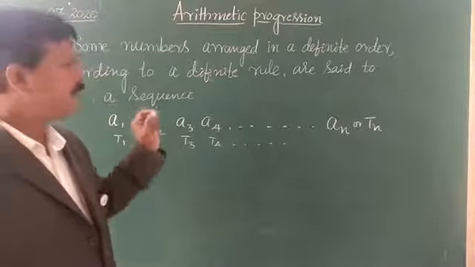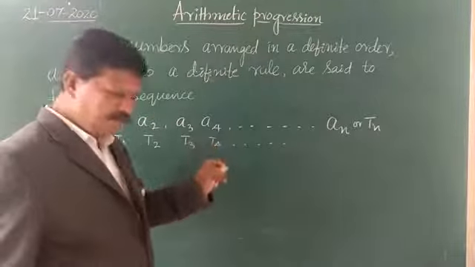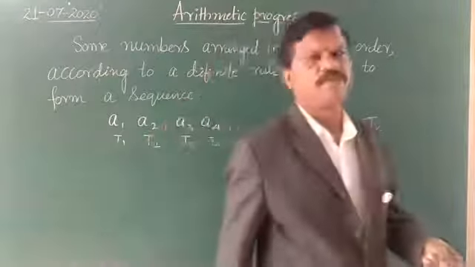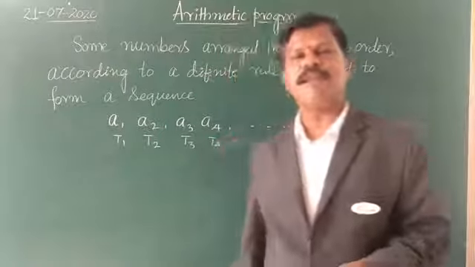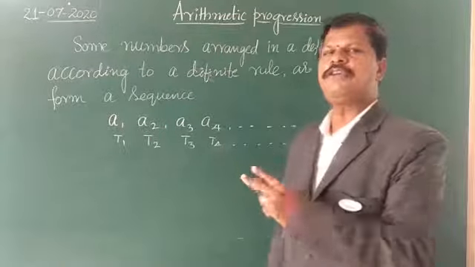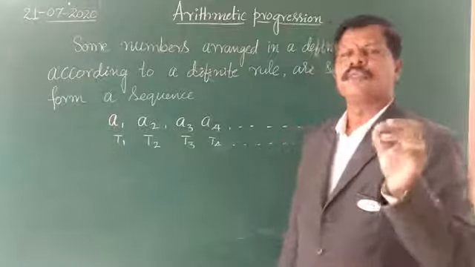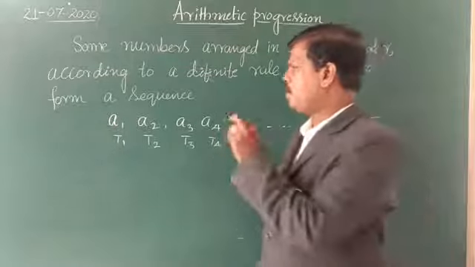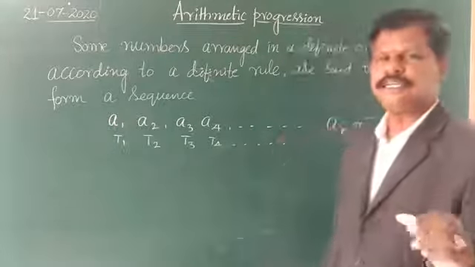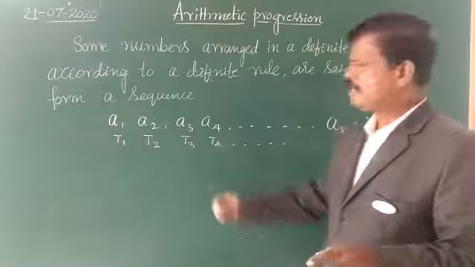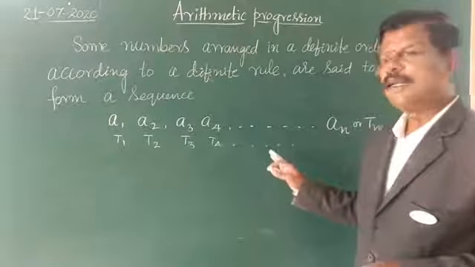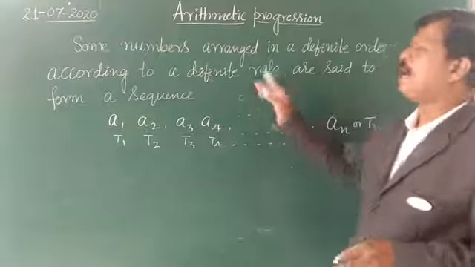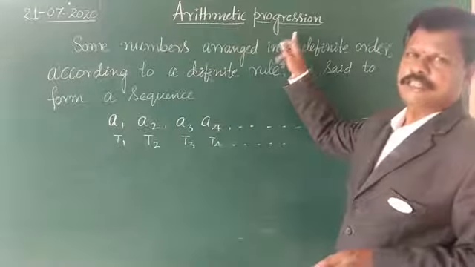If in this sequence the difference between any two consecutive terms is a constant, then it is called an arithmetic progression.